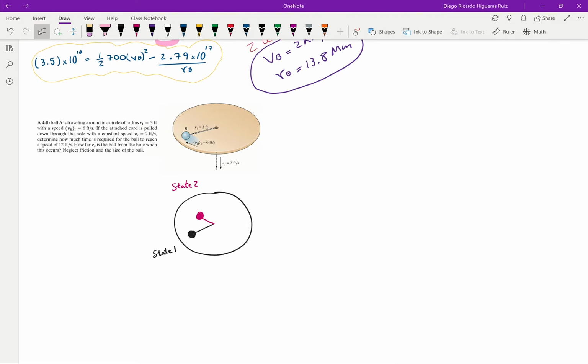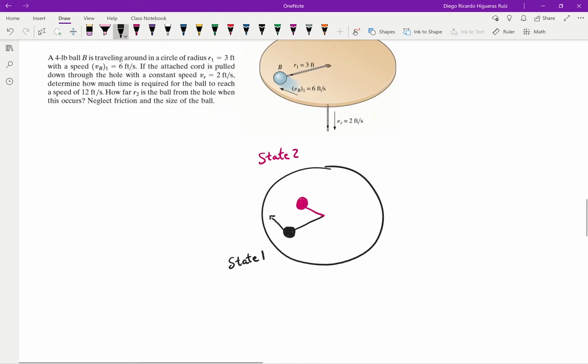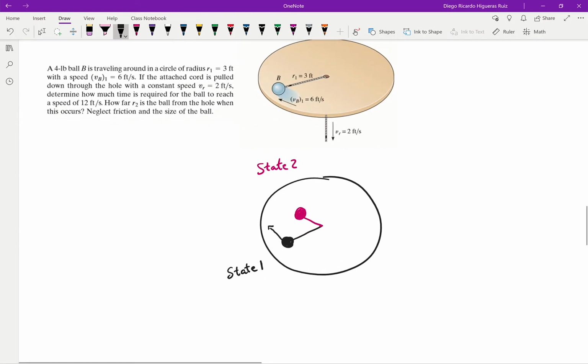Okay, so for VB1, the velocity at the initial state, we are going to have this velocity right here. And that's given. I'm just going to call it VB1, and that's given.